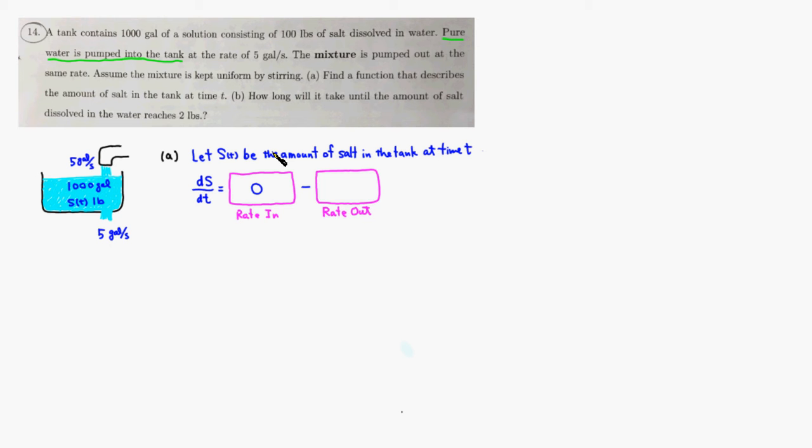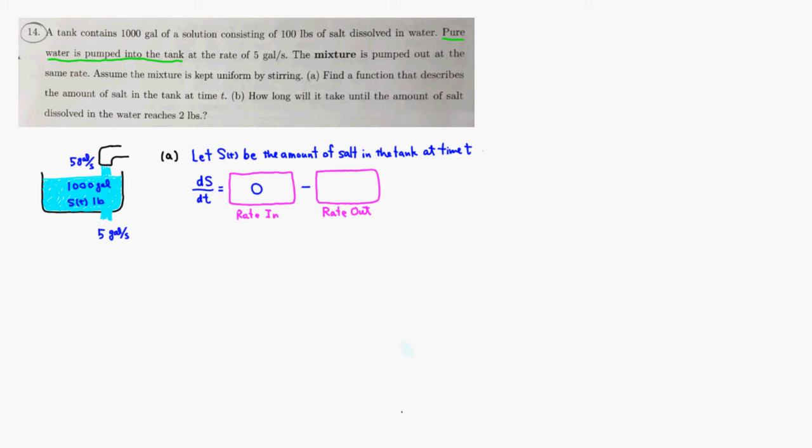Then we have to think about how fast the salt is going out of the tank. The solution is going out at the rate of 5 gallons per second, and we have to think about how much salt that solution contains.